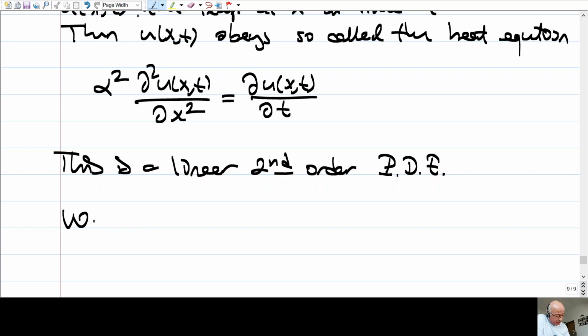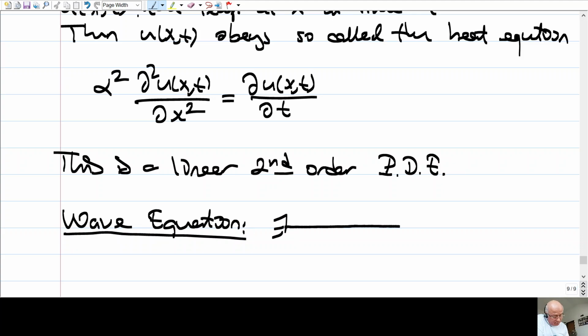And similarly, we have the so-called wave equation. Okay, suppose we have some string, and you pull it and then release it. It will swing like this.